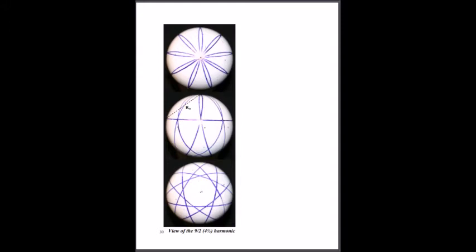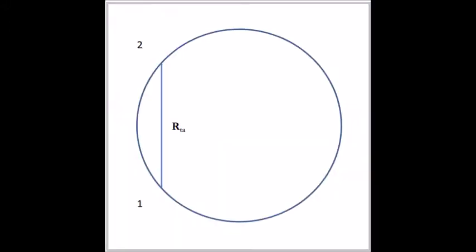Let me describe the construction steps that divided the conics into 9 equal arc segments in 2 rotations around the conics. This is a view of a plane that slices through the sphere and shows the conics on a plane with a planar radius of RP. And this is the first marking of the conical radius RTA from point 1 to point 2.